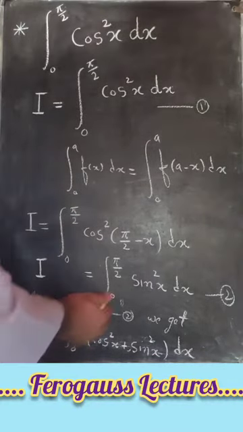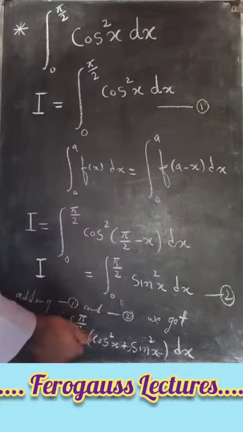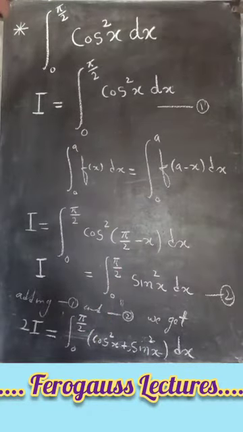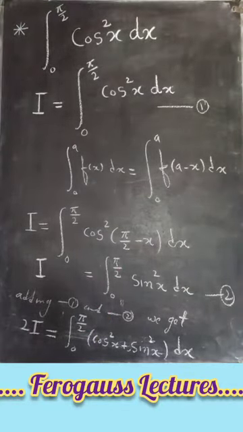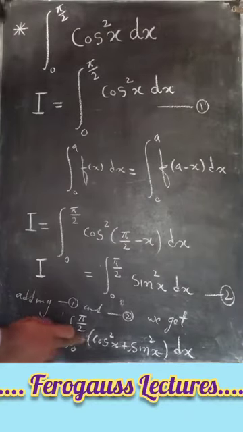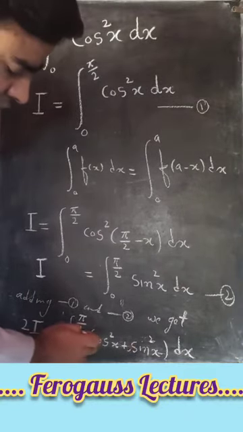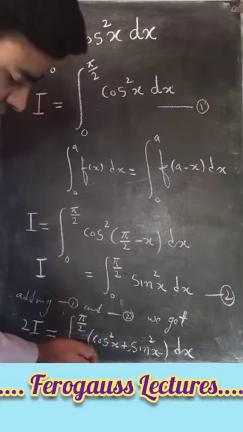Because we know that sum of integrals is equal to integral of sum. That is further equal to, sine square x plus cosine square x is equal to 1.